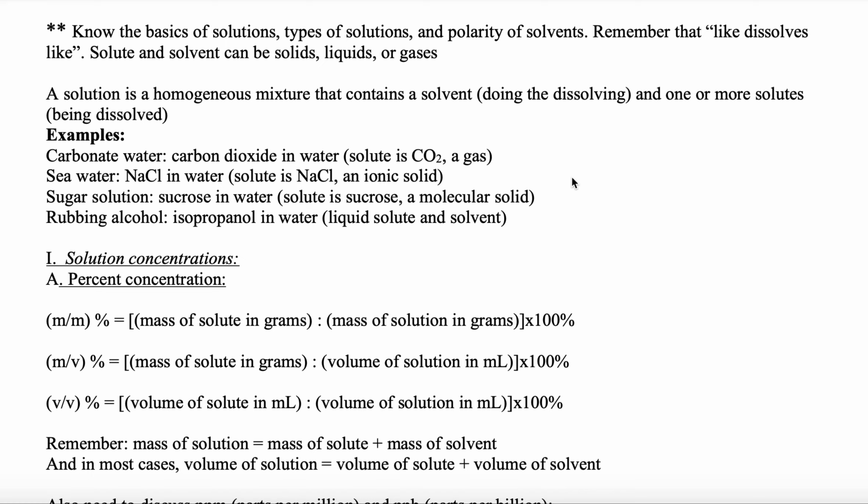It can be a liquid. It can be solid as well, like an alloy. Brass is zinc and copper. That's also a solution. It's a solid solution. So it can be any physical state of matter that you want, solid, liquid, or gas.